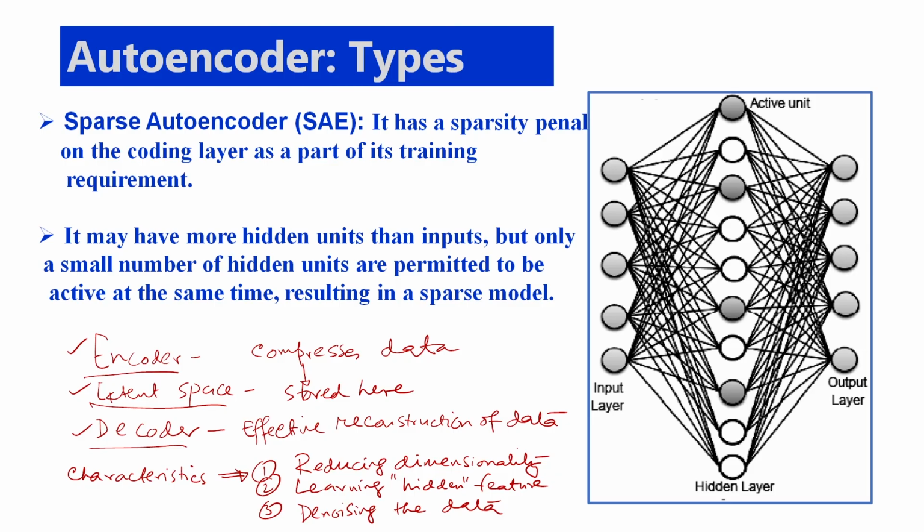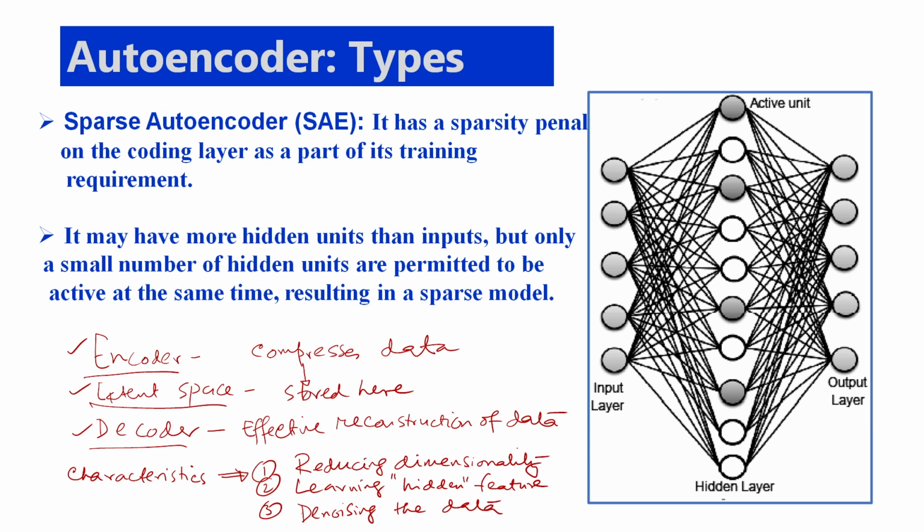So, it has 3 parts: encoder, latent space, and decoder. Let us talk in more detail about it. The encoder maps the input data to the encoding or hidden representation. Normally, it uses some kind of weight functions.